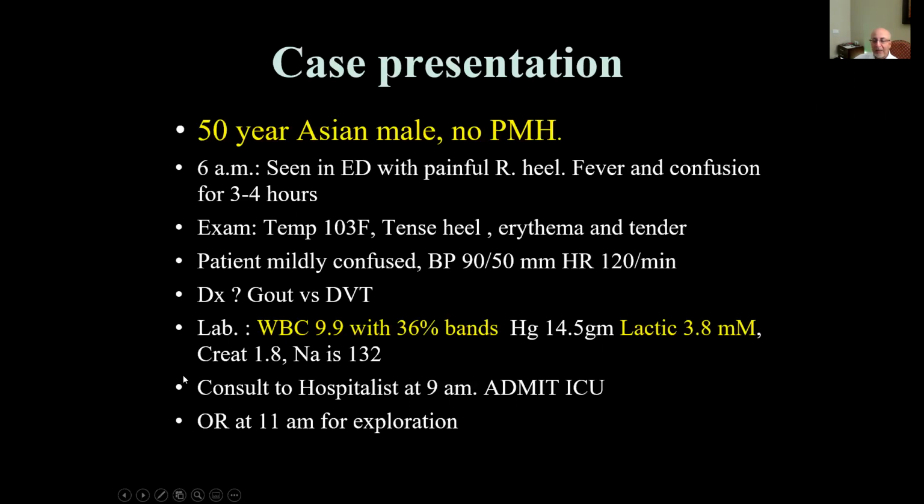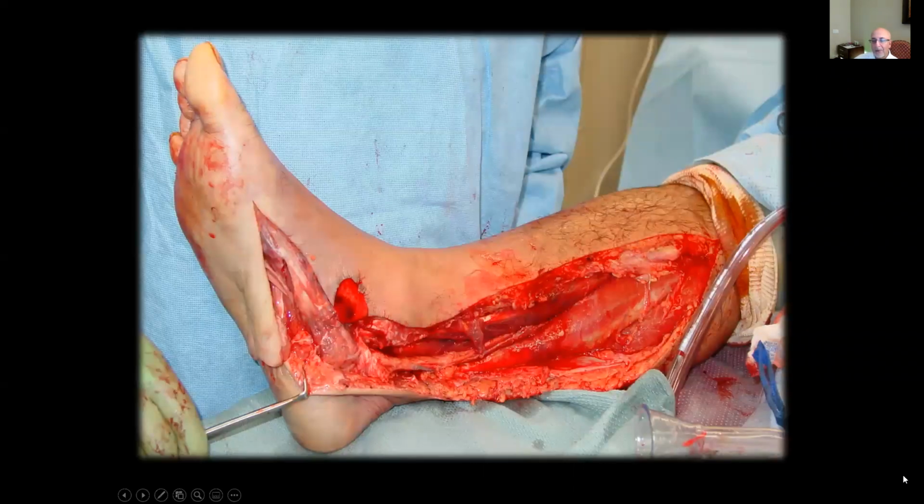Consultation with the hospitalist at 9 a.m. results in admission to the intensive care unit, and an orthopedic consultation is requested, and the patient is taken to the operating room at 11 a.m. In the operating room, the patient was found to have significant discoloration in the muscle bellies, as noted here, as well as the presence of dishwater drainage at the time of surgery, which was sent for gram staining and culture and revealed gram-positive diplococci and group A strep infection, consistent with the diagnosis of necrotizing skin infection.